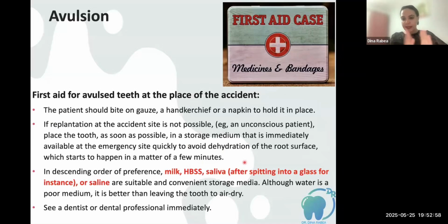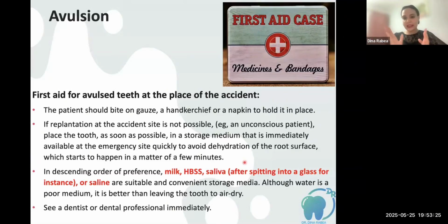If this is not applicable, if the parents are scared to put the tooth back, or if the kid is unconscious and they cannot put the tooth back due to the risk of aspiration, for example, they can put it in a storage media. This media can preserve the viability of the periodontal ligament for quite some time, not a very long time, but this is much better than leaving the tooth out in the dry air.